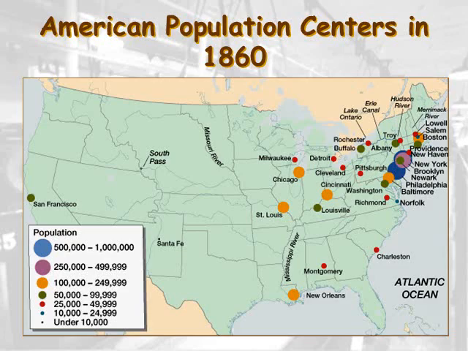A lot of this explosion in population has to do, of course, with the market revolution, railroads moving westward, being able to trade over land. As railroads, canals, and roads were built, you have cities that are built up around these areas of transportation.